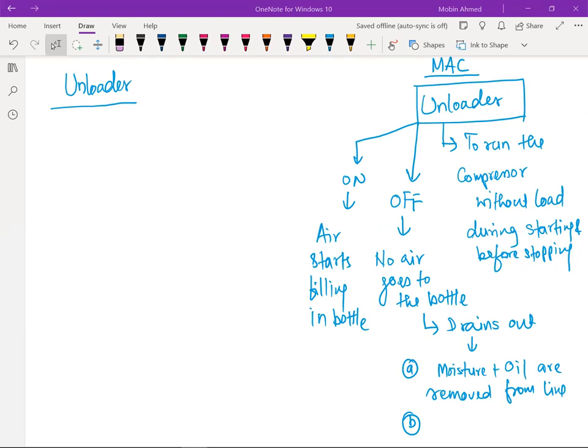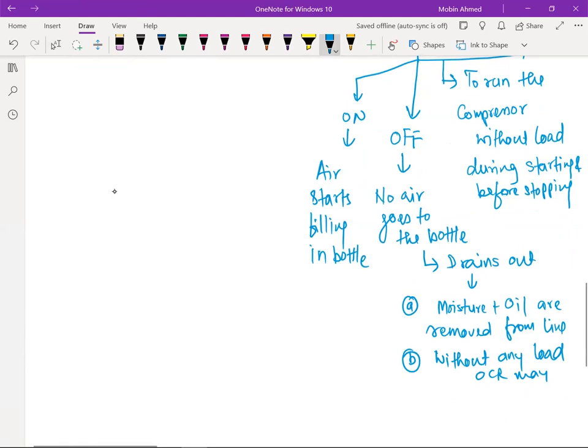Moisture plus oil are removed from the line. And second, during starting, it should be started without any load. Otherwise, the OCR may trip.